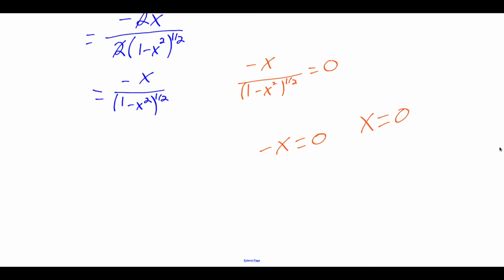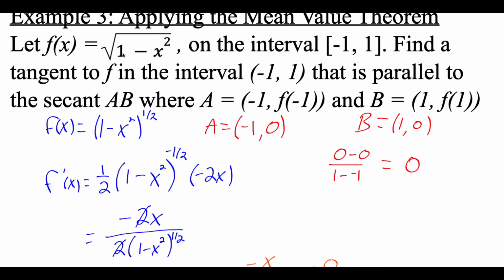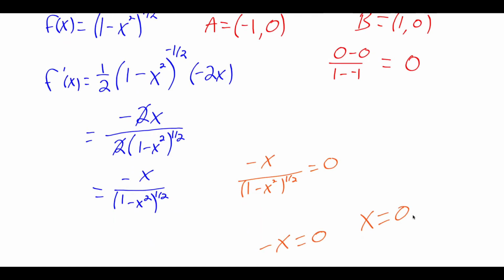Now if I want to figure out the actual point where this is happening, then I would go back up to my original function and plug in that x value of 0. So 0 squared is 0, 1 minus 0 is 1, and the square root of 1 is 1. So this point is happening at 0, 1 on our graph.